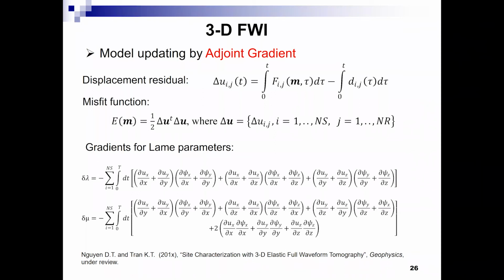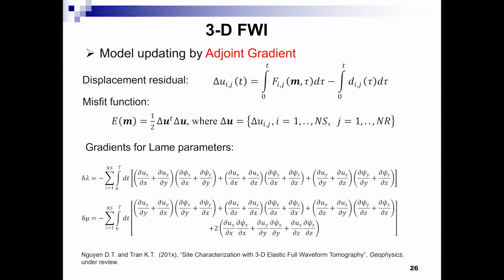So here we calculate the displacement residual, not the particle velocity, so we integrate the data with time. F here is the solution of the wave equations, and D here is the particle velocity from the geophone.